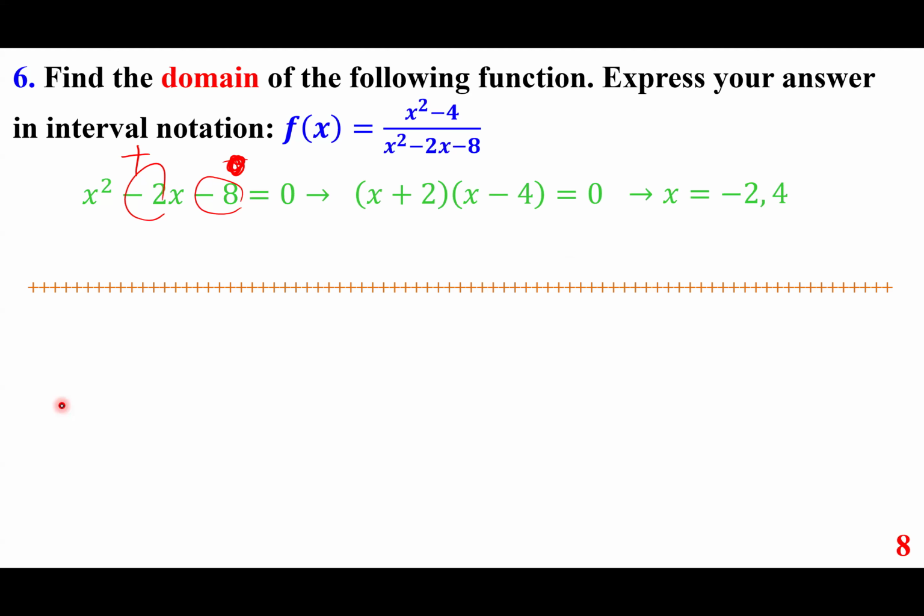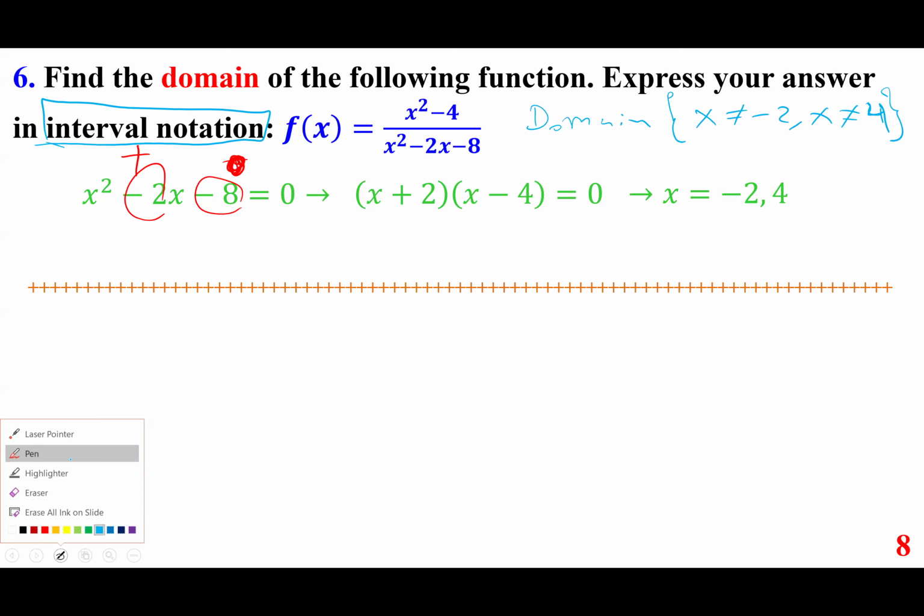So what is the domain? Domain, you can say x is not -2, x is not 4. That's one way to write it, but that's not how we want to do that. We want to do it with interval notation. So how do you write that?